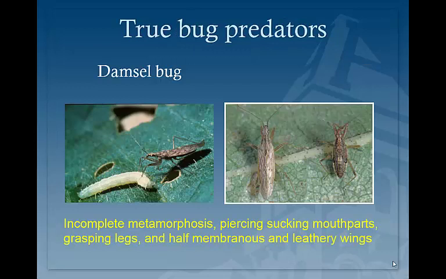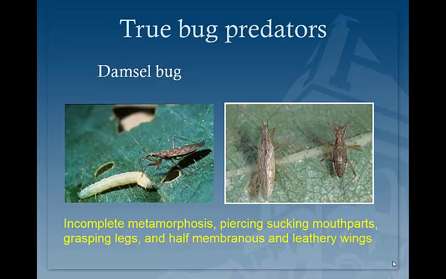But damselbugs, these aren't available commercially, but they're residents in a lot of different settings. Gardens, they're probably in your garden already getting ready for the spring. They're fairly small, about half the size of a penny, a fairly thin looking insect, with piercing sucking mouth parts, and a modified front leg, much like that praying mantid.